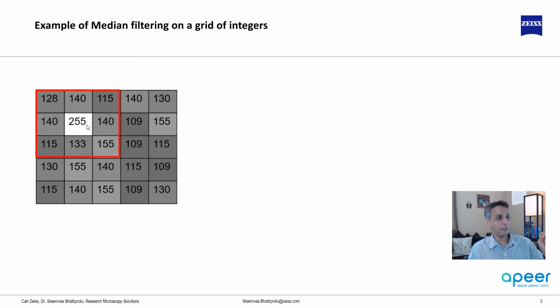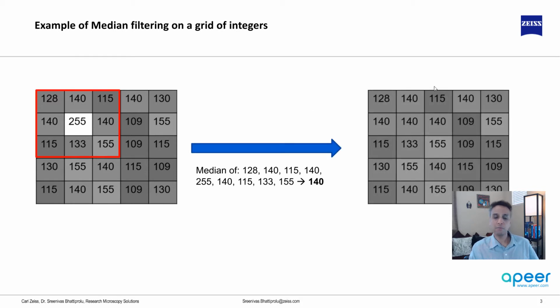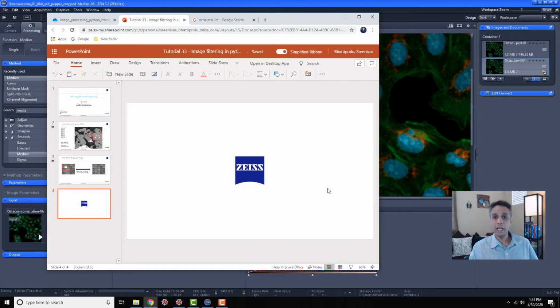Now, first of all, median is, we just saw that you take a median of all of these numbers. So if you take 128 and all of these and arrange them and look at the median value, it is 140 in this grid. So you replace that with 140. So there you go. Your image is cleaned up. So this is the principle behind median filtering.